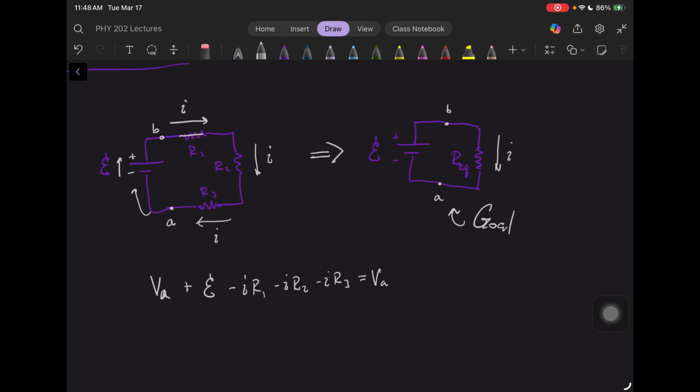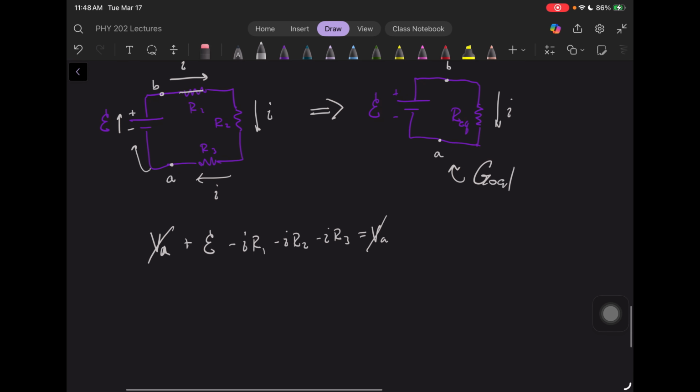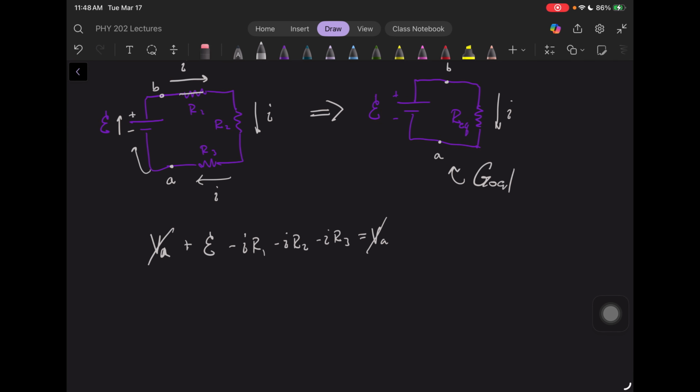We're ignoring B because it's irrelevant here. And then the A's cancel out, and so that goes away as well.